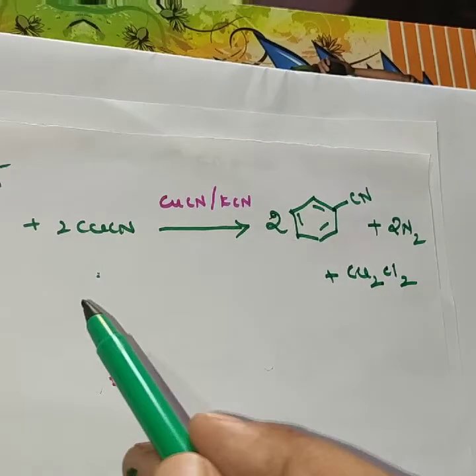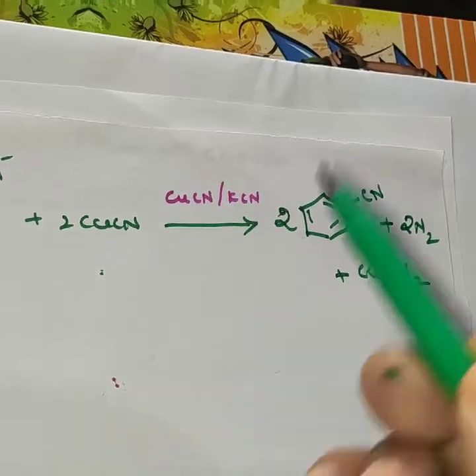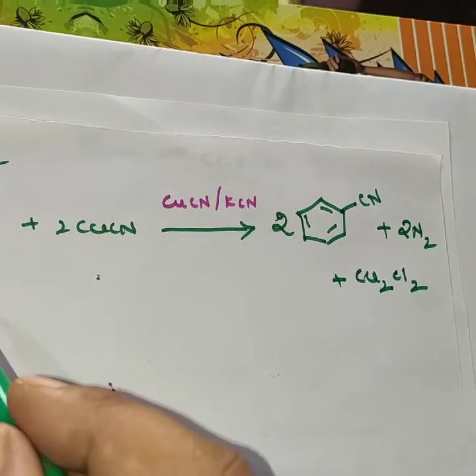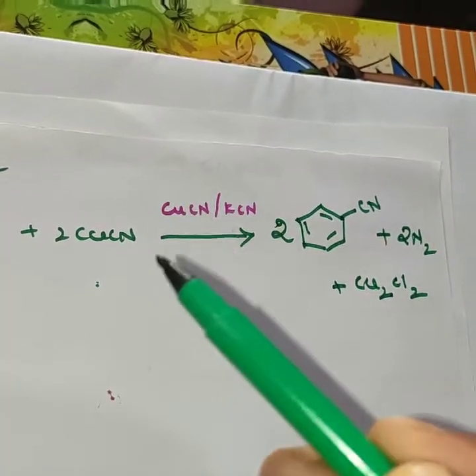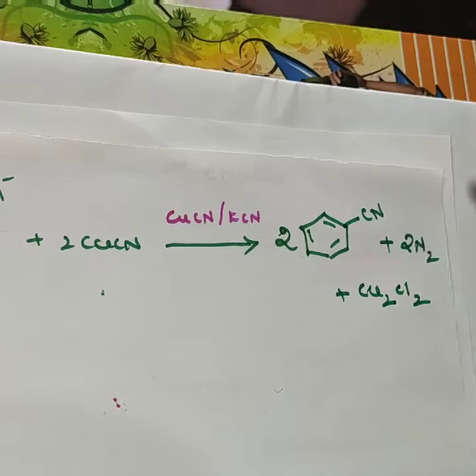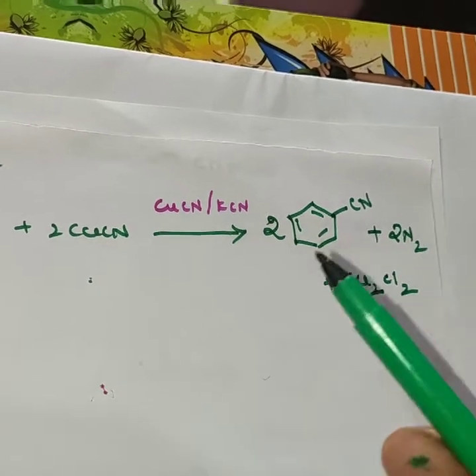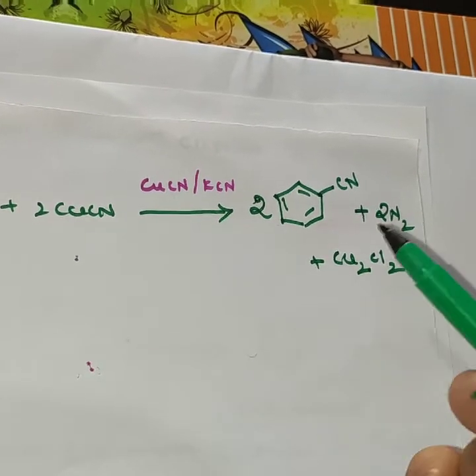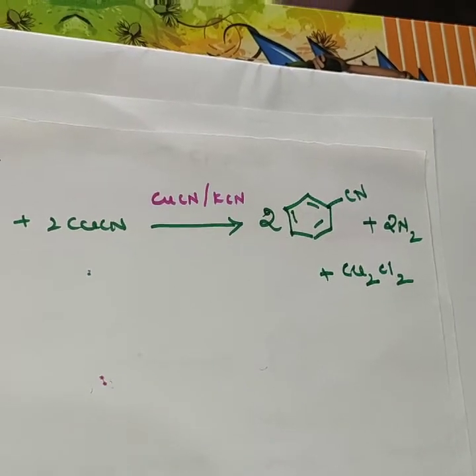So whenever benzene diazonium chloride is treated with cuprous cyanide, it forms cyanobenzene as the main product.